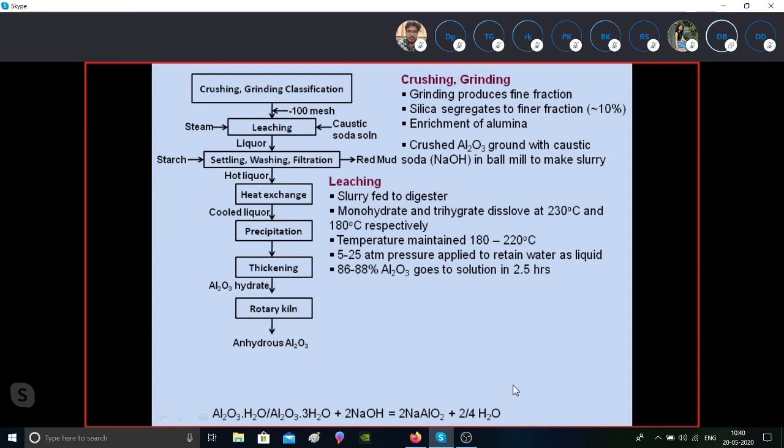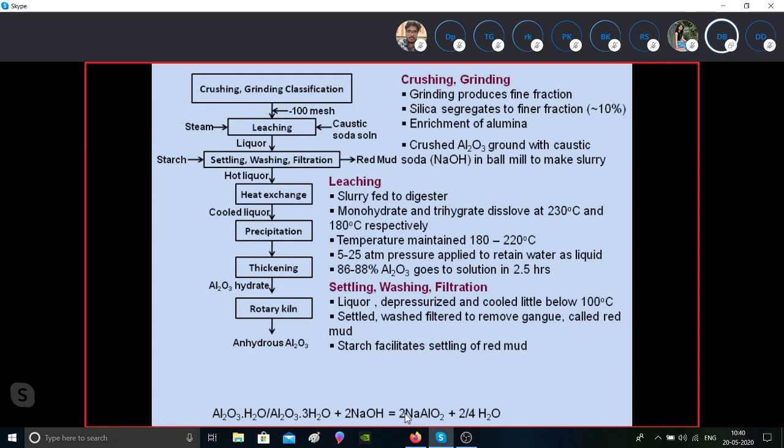This is the water part I'm talking about. So in the leaching stage, we have taken alumina into solution in the form of a compound called sodium aluminate, NaAlO2.